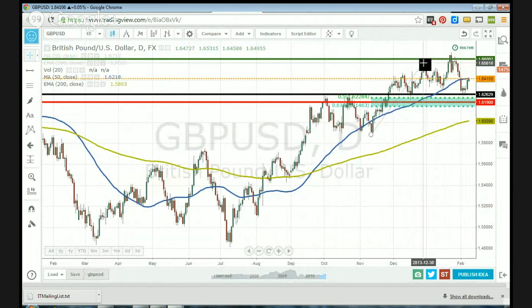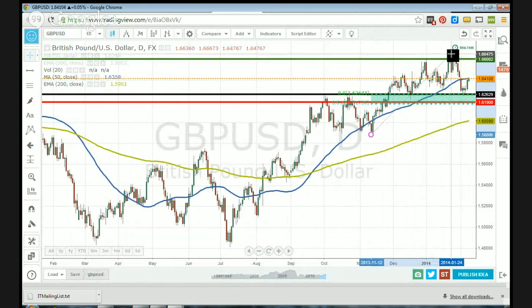And actually, if we modify this a bit and make it here, which is more appropriate, from this swing low to this swing high, then that support level that we identified is exactly at the same spot as the 50% Fibonacci from this pullback, from this move up from this year.